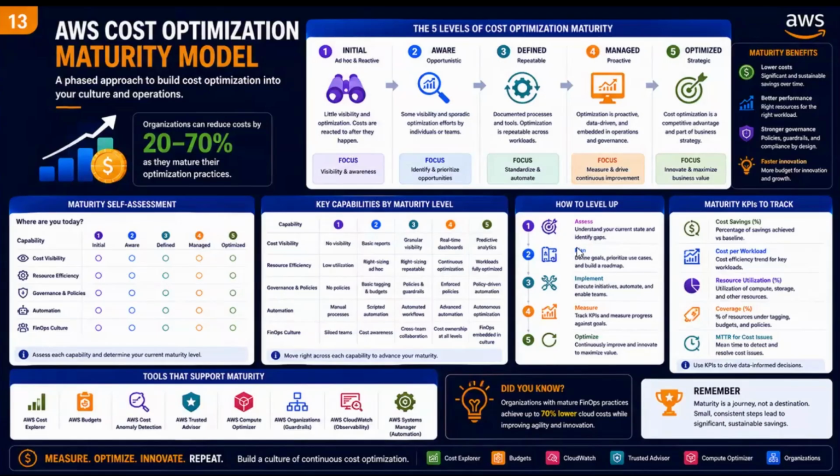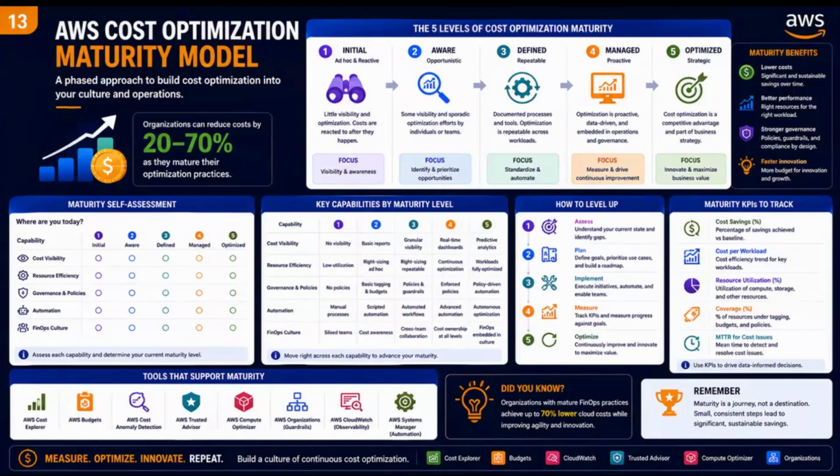After the plan, you implement it and track your KPIs and measure the progress against the goal, and lastly optimize, with continuous improvement and innovation to maximize the value. So these are the main things when we talk about the maturity level of AWS cost optimization.